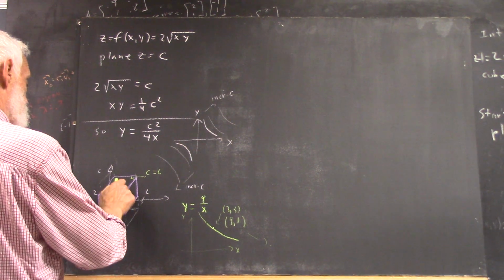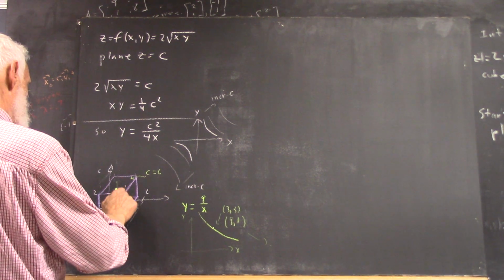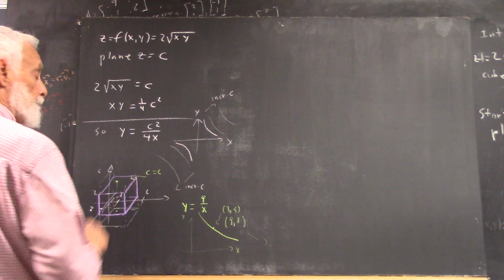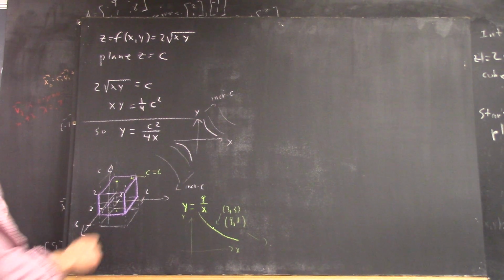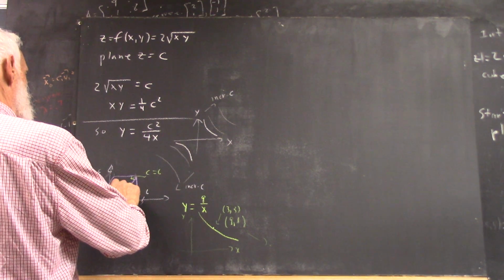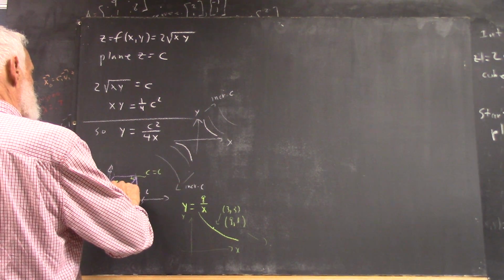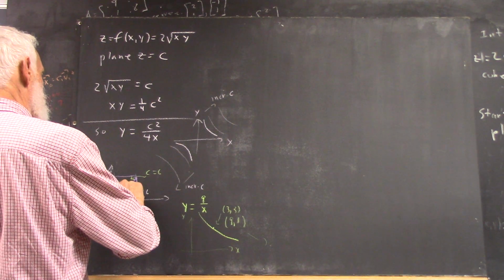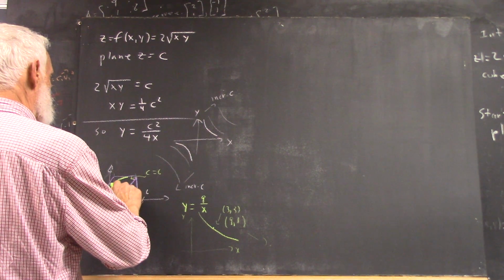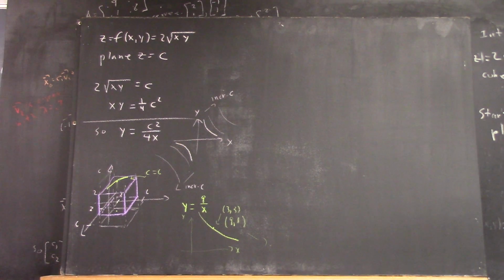So there's a point (3,3), and it projects up to a point (3,3) up here, okay? And then your hyperbola looks something maybe like this, where it intersects. It hits at (2, 9/2), (9/2, 2).